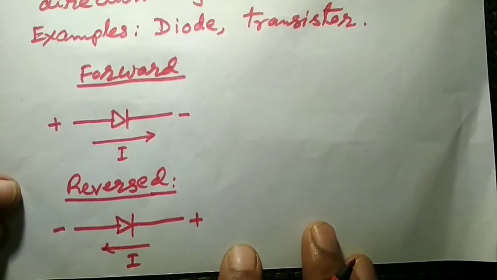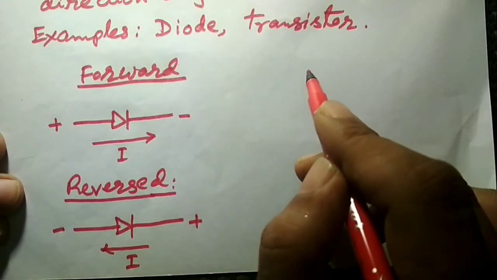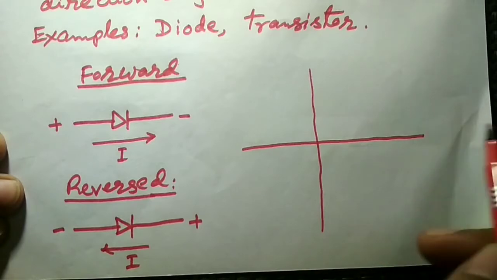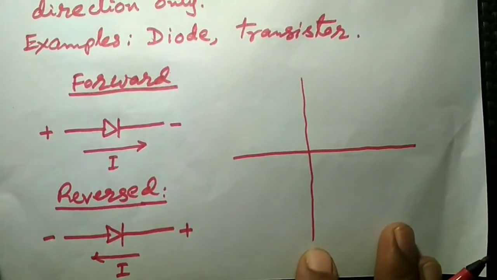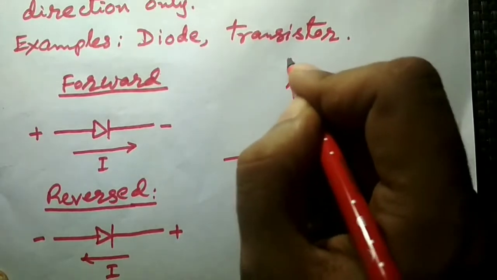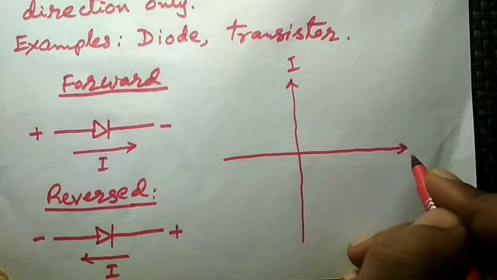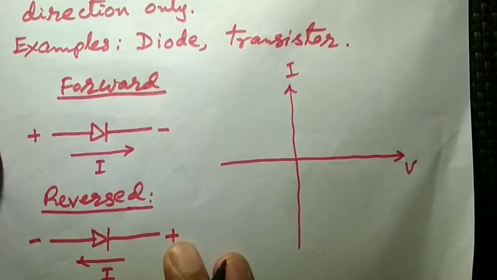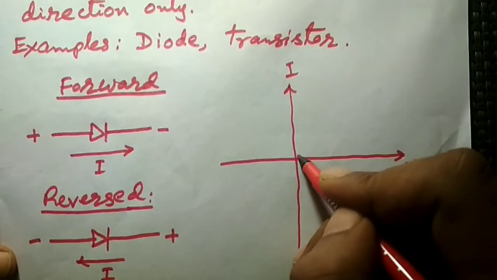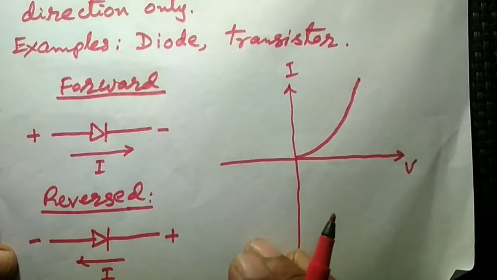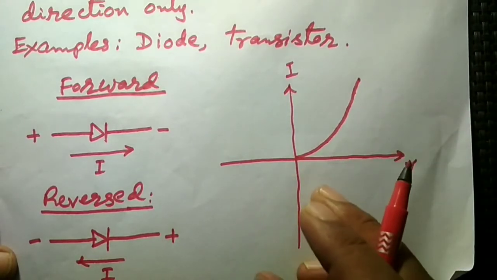Now, if you draw the V versus I characteristics here, as we have already seen in the previous case, when the polarity of the diode is as per the forward biased condition, then the current direction and the magnitude will be in the first quadrant and it will follow the exponential increase.